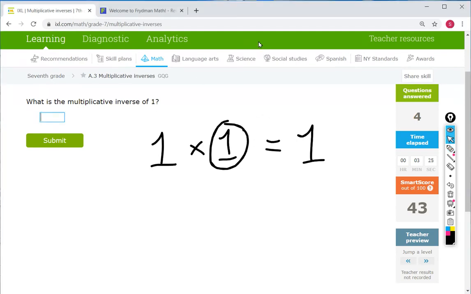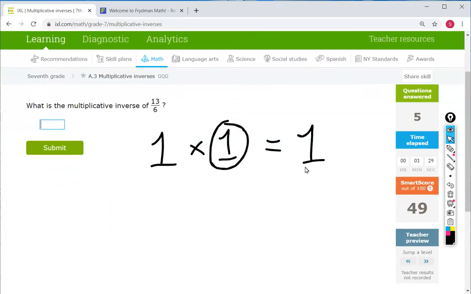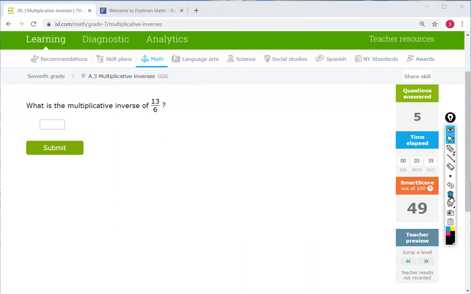So here we'll just write 1. What is the multiplicative inverse of 13/6? So this is a question like the first few questions that we did. We did a lot of them actually. That would be 6/13. Okay, I'm going to jump ahead to the next level.